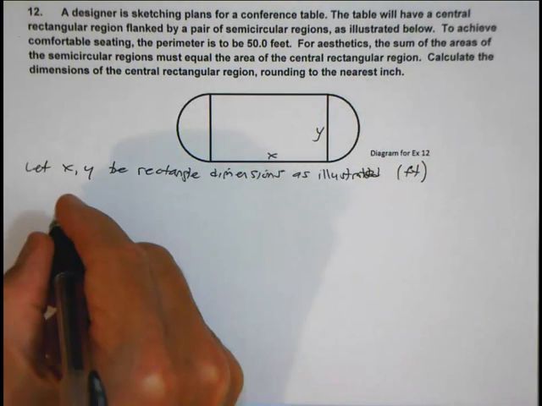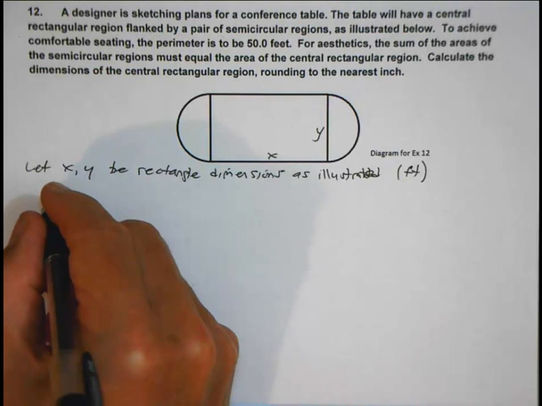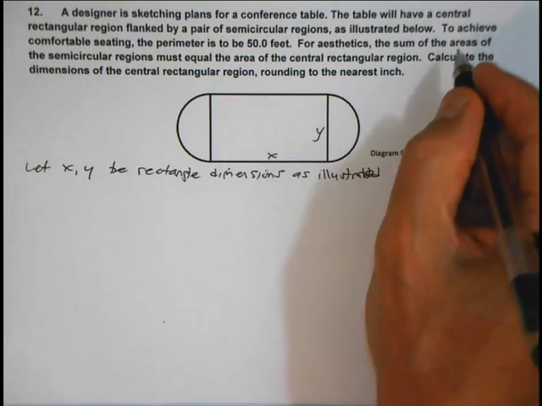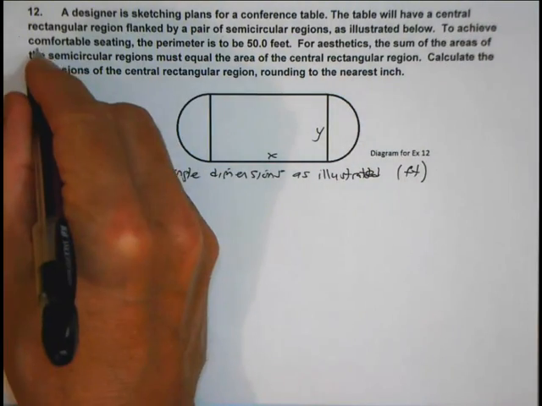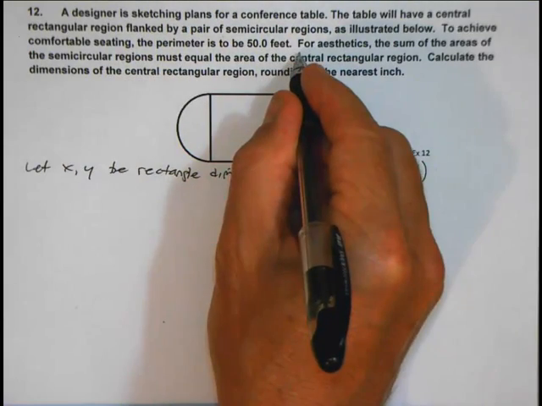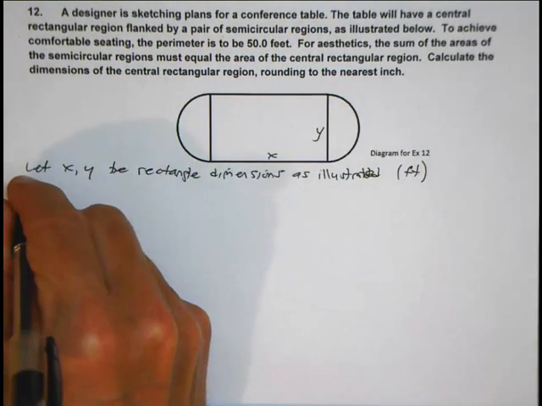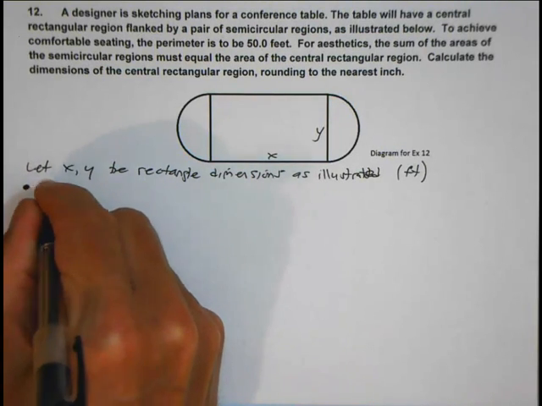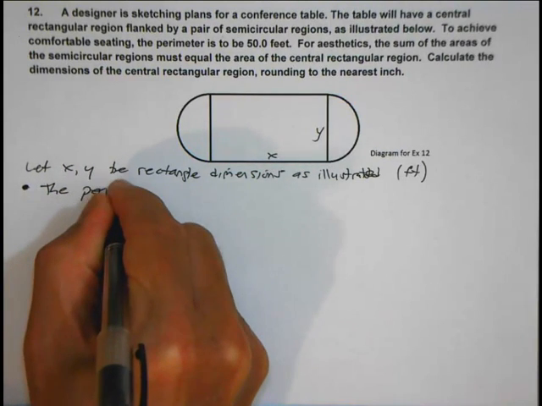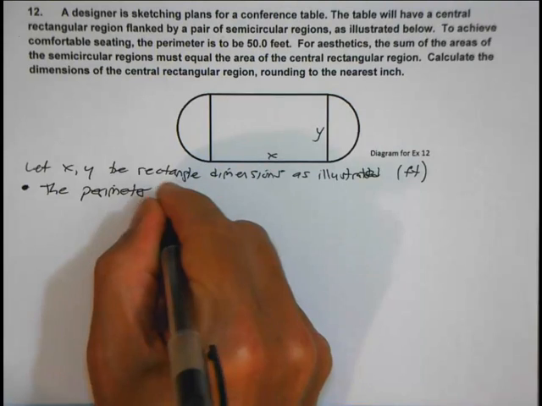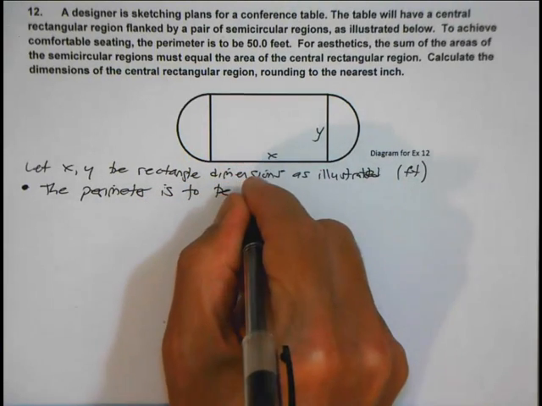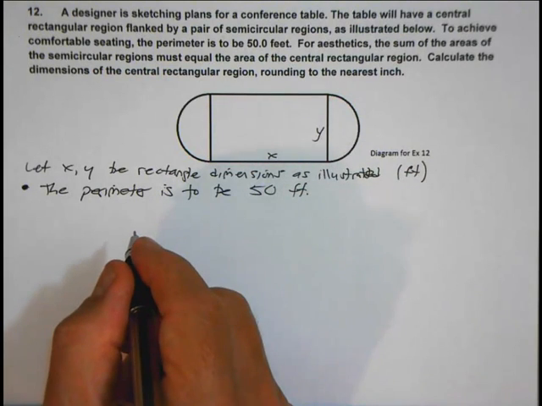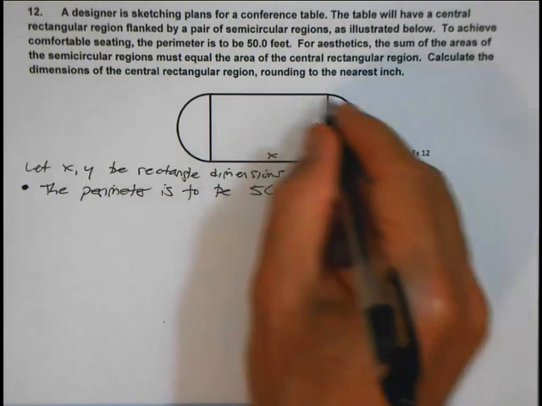Okay, otherwise what can we do? Well, looking over the paragraph here, here's a sentence that seems to lead to an equation. To achieve comfortable seating, the perimeter is to be 50 feet. So let's go with a little bullet here and say the perimeter is to be 50 feet. Let's think about what the perimeter of this table is, the distance around it.